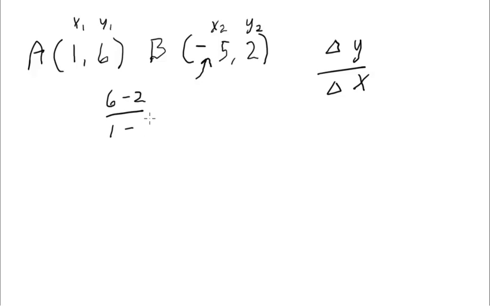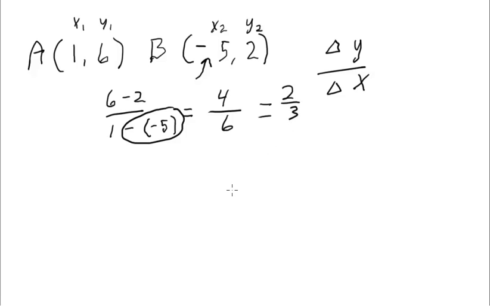So it's actually 1 minus a -5. So if we simplify that, we get 4 on the top. On the bottom, we get 1 plus 6. And you got the right answer, but you didn't put this negative in here. You would have actually gotten a negative number if you would have gone 1 minus 5.